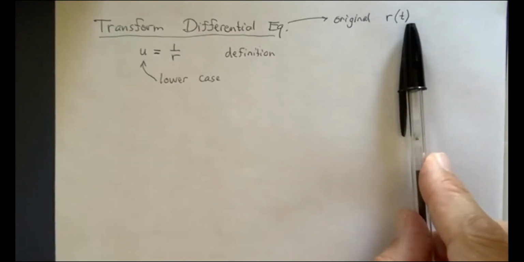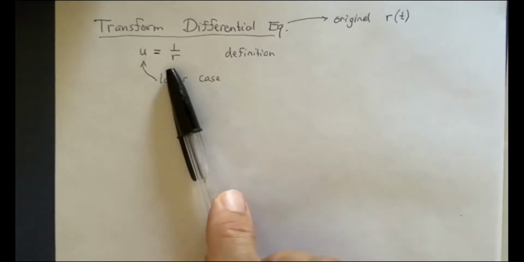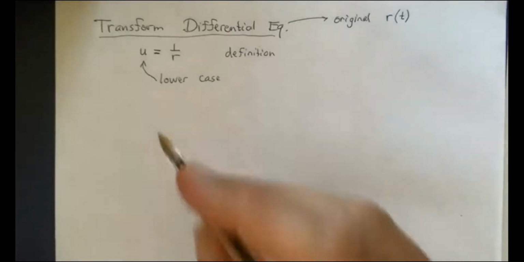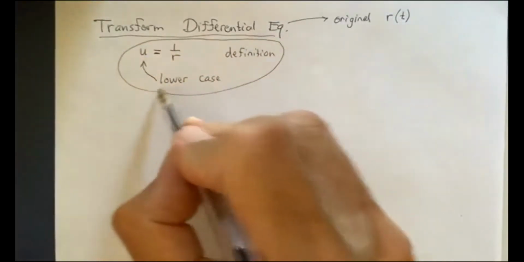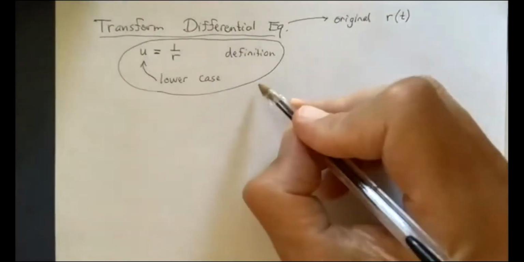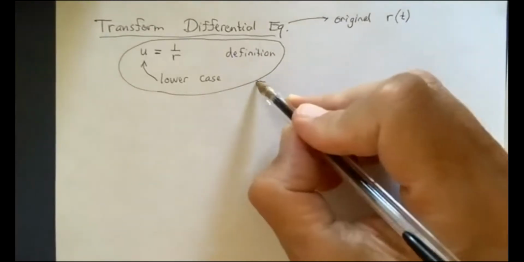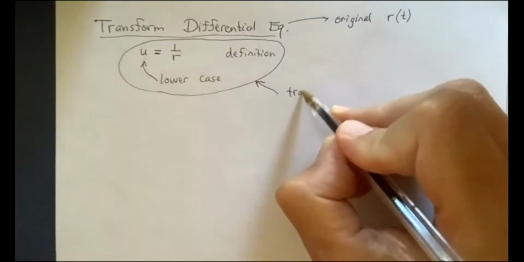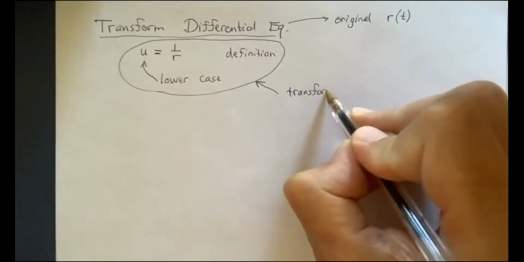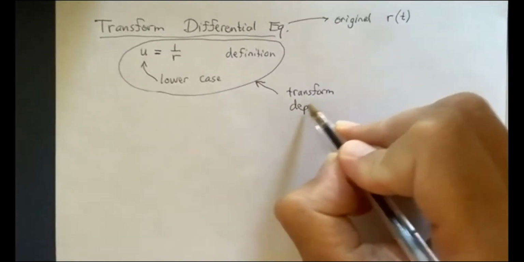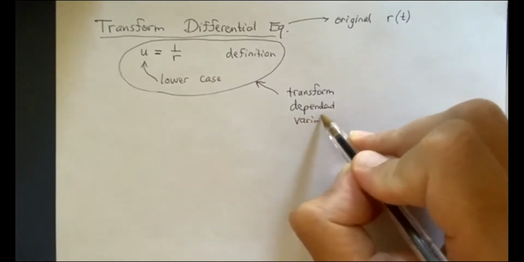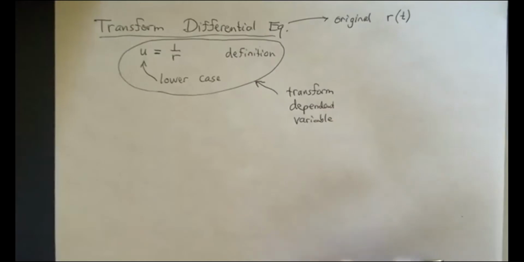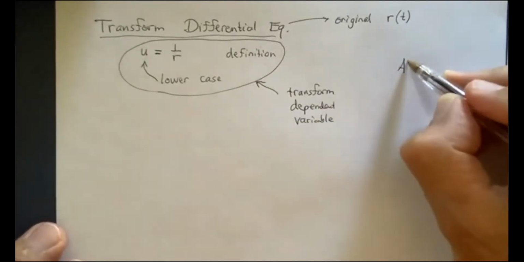Now what we're going to do, we transform the dependent variable, and we're also going to change the independent variable.